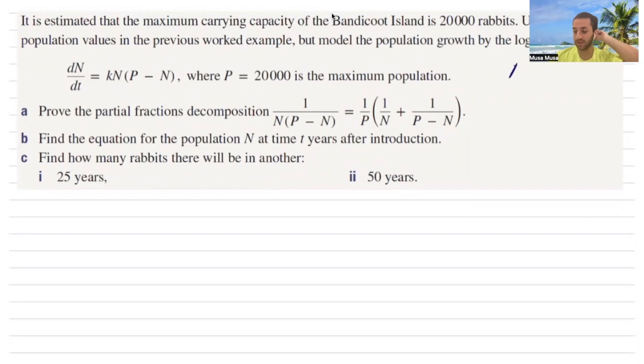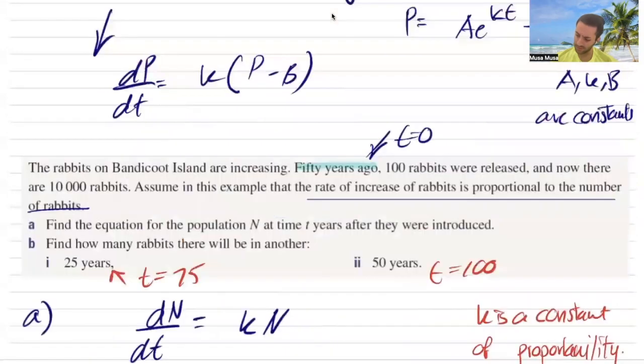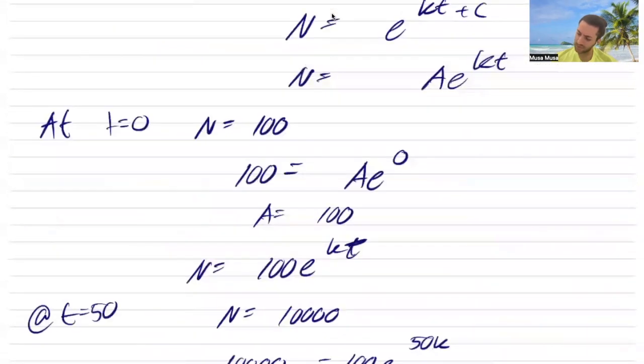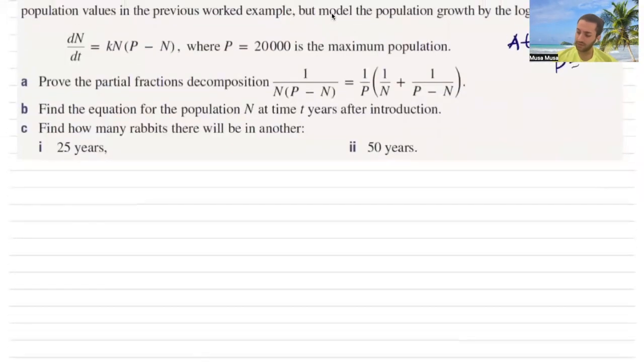So I think that was just saying that at t equals 0, the population equaled, what was it, 100, and t equals 50. Oops, I should not use P. N equaled 100, and t equaled 50, N equaled 10,000.